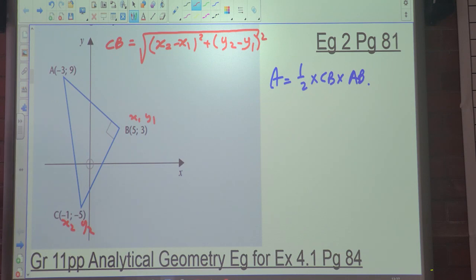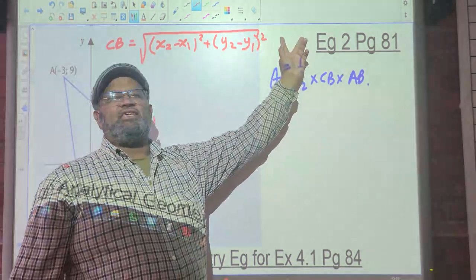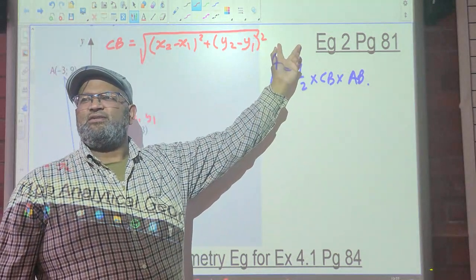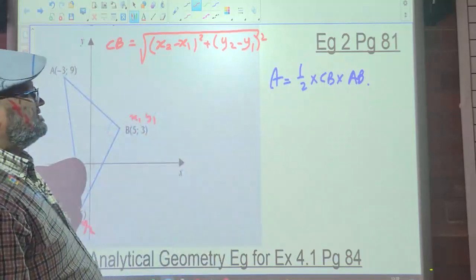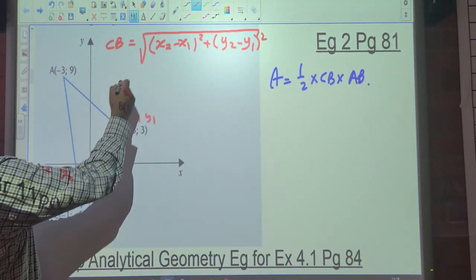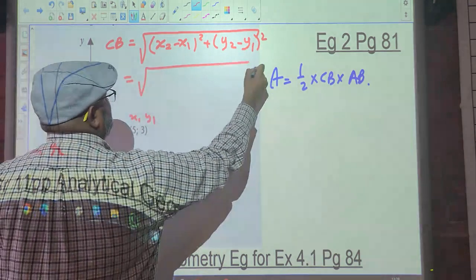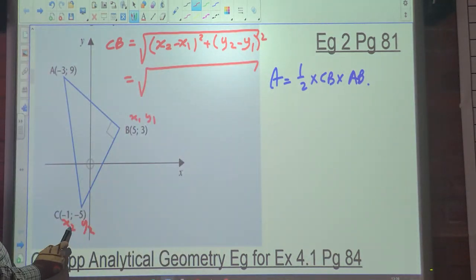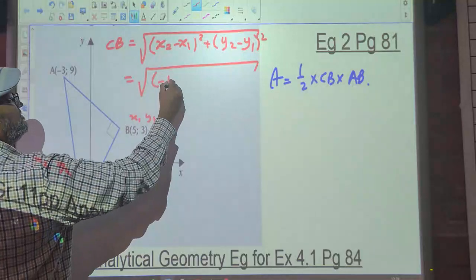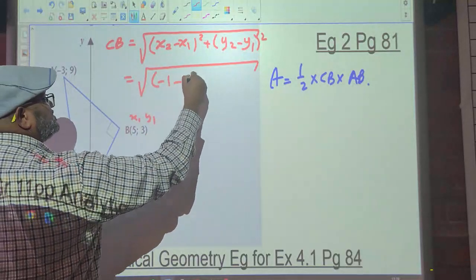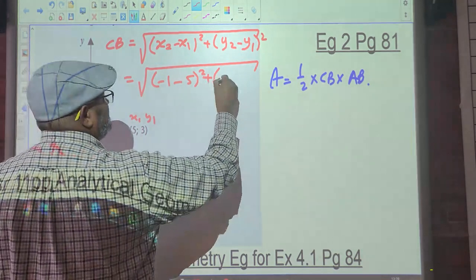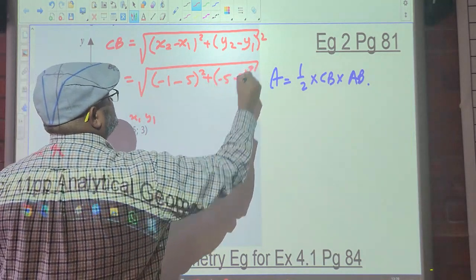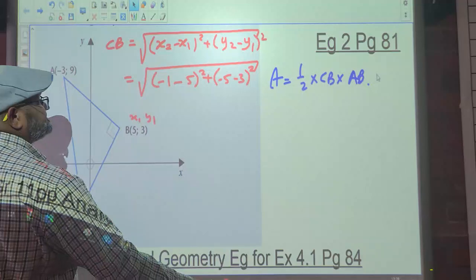If I'm you people, I would make it a habit of writing the coordinates on the side here. I'm not going to do it because I don't want so much information on it. Okay? So let's go. If it's x2, it's negative 1 minus 5 squared plus negative 5 minus 3 squared.